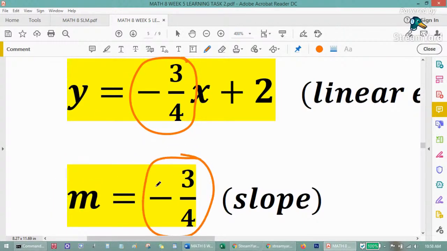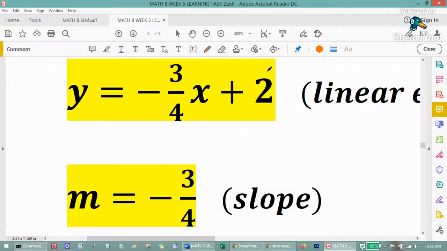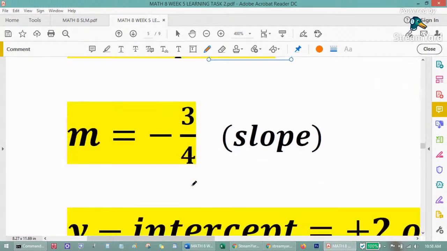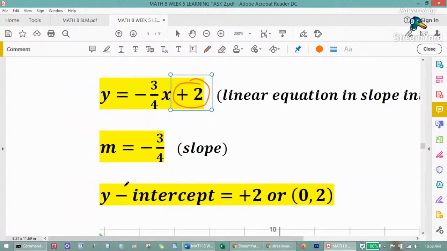And then, itong positive 2, that is our y-intercept. Or y-intercept, x is 0. Palaging 0 ang x kapag sa y-intercept. And then, yung positive 2, doon lalagay ang positive 2.